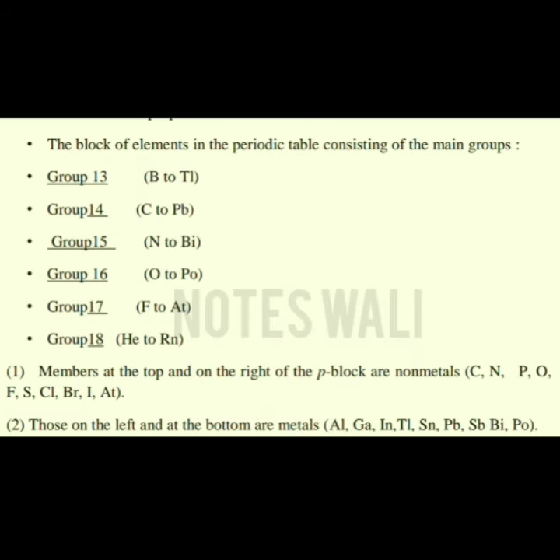Group 13 starts from boron, which is referred to as the boron family, group 14 is the carbon family, group 15 is the nitrogen family, which is also known as pnictogens, and group 16 is the oxygen family, which is referred to as chalcogens because these are ore forming elements. Group 17 is the halogen family, starting from fluorine, and group 18 is the noble gas elements.